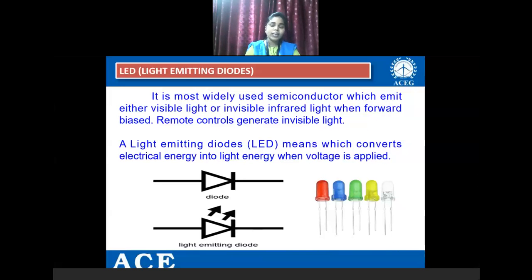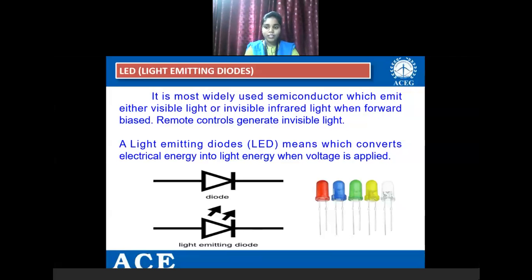Now in our light emitting diode also we have the regions: N-type, P-type and depletion layer. All these things are present in an LED also. But here we need to understand one thing. Our LED is just like a normal PN junction diode. But the difference is, a PN junction diode is made up of what?